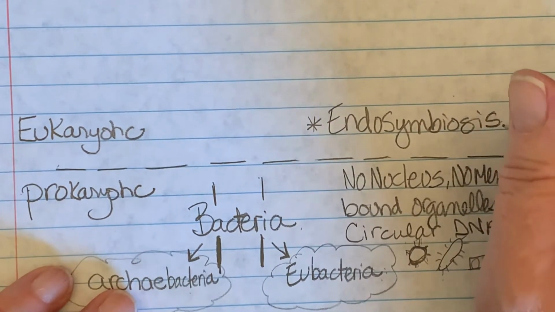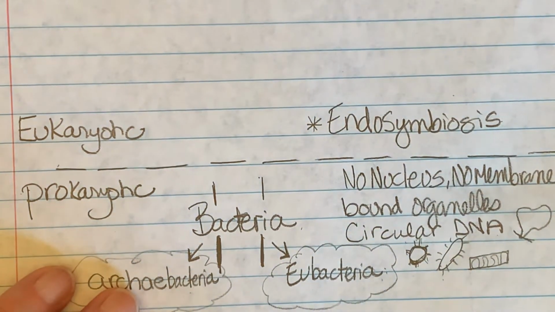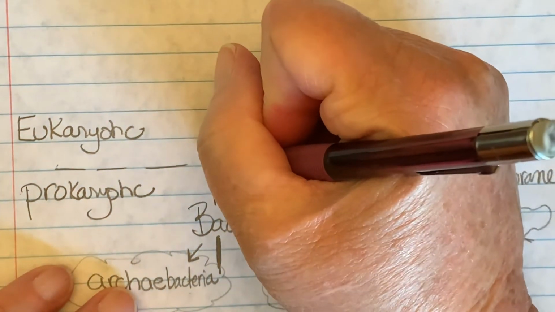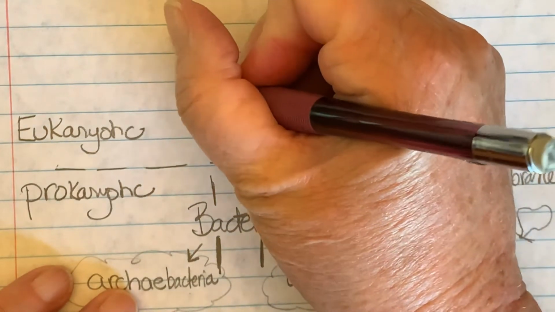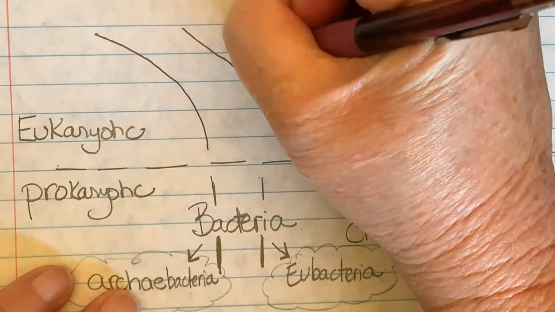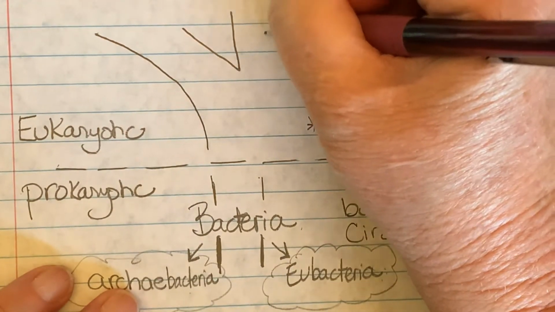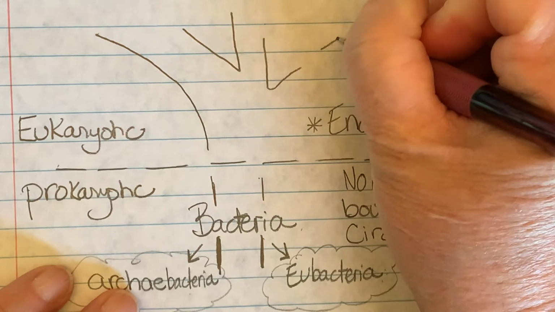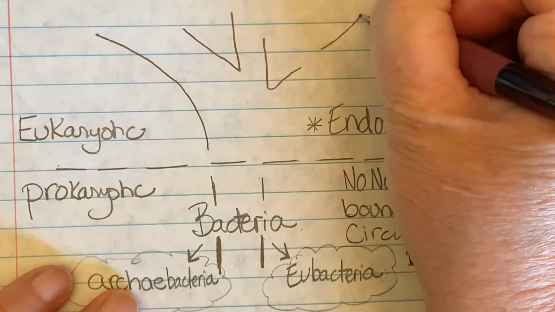This is an important word, and if you're right now sitting there looking at your phone or your screen and you're thinking, I really don't remember what that word is, now's a good time to make a real effort to memorize what endosymbiosis means, because it's the big thing that happened between the prokaryotes and the eukaryotes that allowed for this entire kingdom, set of kingdoms, not just one, but many kingdoms, to come about and exist.